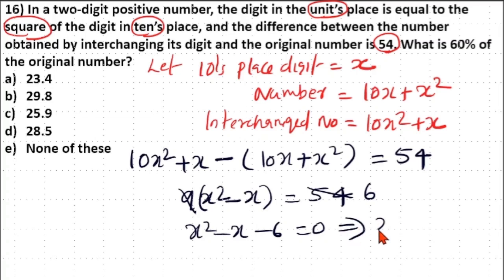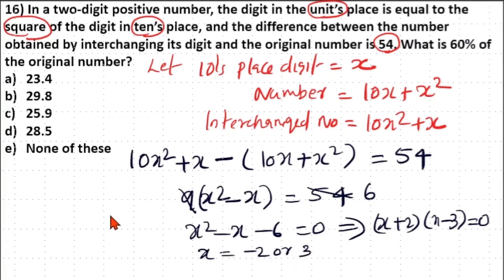That means x plus 2 into x minus 3 equal to 0. So x can be minus 2 or 3. But minus 2 is not possible. So x is equal to 3.